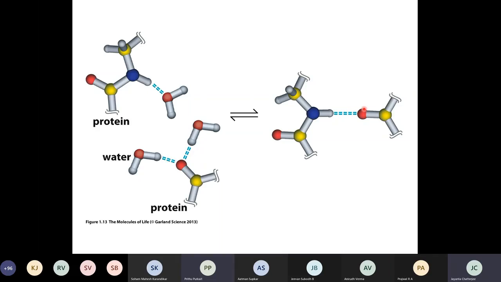And every amino acid, as we will see later in the architecture of the amino acids, has a certain contribution to the desolvation. Amino acids with completely hydrophobic residues in the side chain contribute a lot more to the buried surface area or the desolvation, and the amino acids which are a lot more polar contribute a lot less to the buried surface area or the desolvation.